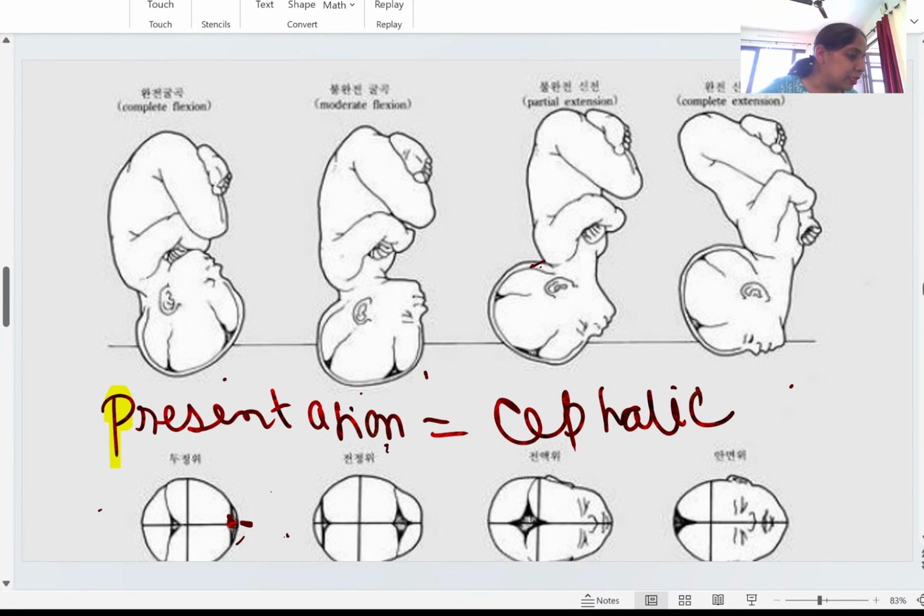It is not vertex. Presentation means the part of the fetus which is in the lower uterine segment. Here everything is cephalic, right? So the presentation is cephalic.